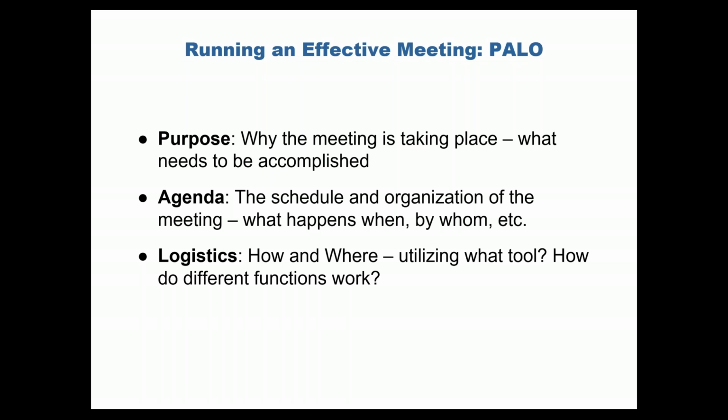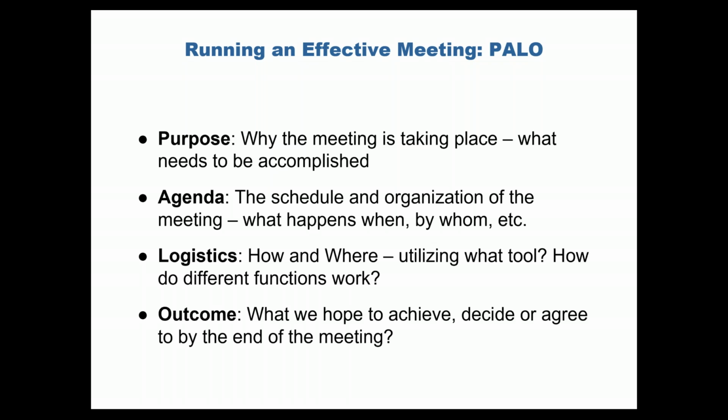How am I going to be able to do things? When should I do things? What is the result at the end? Crystal also gave small logistics about, for example, you can expect this recording of this video to be posted in 2 days' time. And then finally, outcome. What do we hope to achieve, decide, or agree on at the end of this meeting?